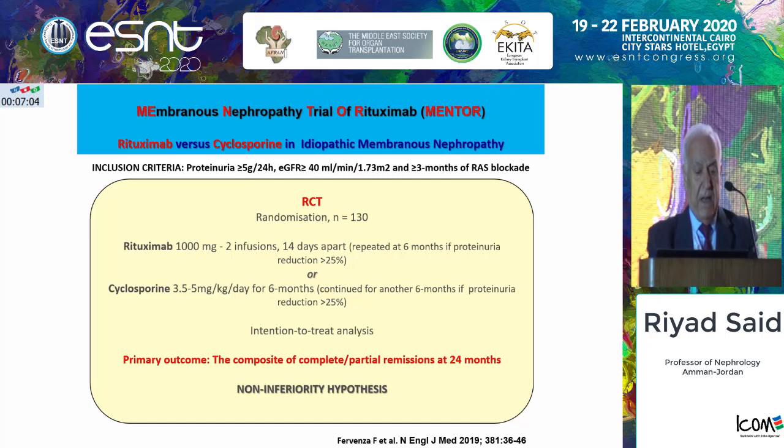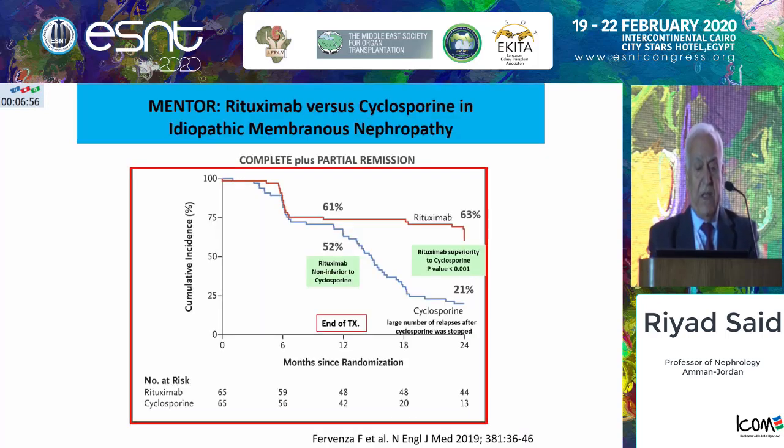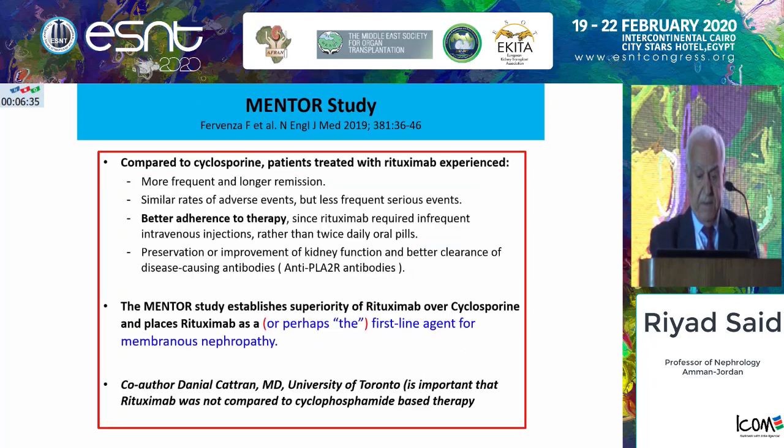Again, in the same manner, the primary outcome was a composite of complete and partial remission at 24 months. It's a non-inferiority hypothesis. What happened, at 12 months, basically quite similar. Rituximab was non-inferior to cyclosporin, but when they are followed to 24 months, look at the difference. Rituximab was superior to cyclosporin, 63% versus 21%.